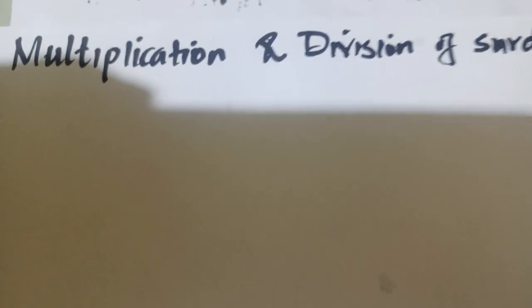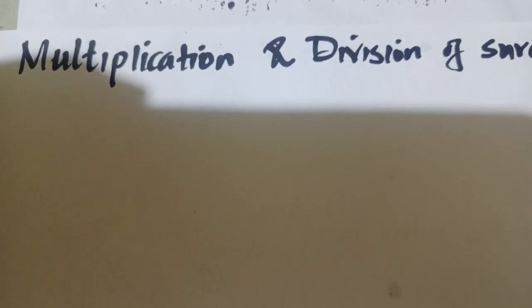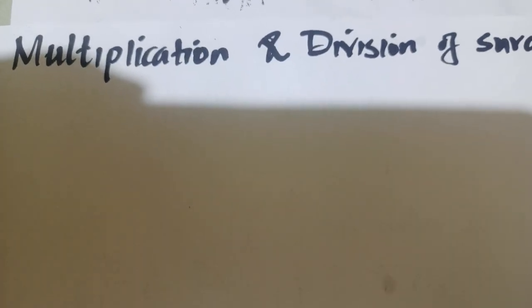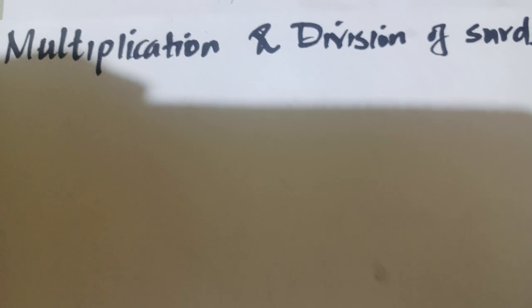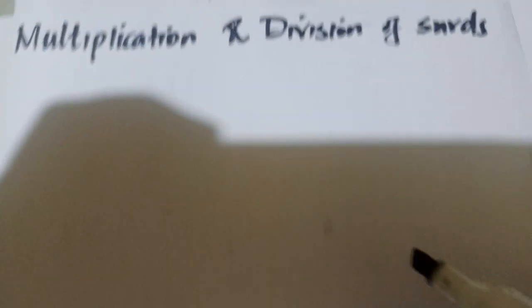If you've been following through in our previous lessons, we talked about addition and subtraction of surds. Of course, there are four operations in mathematics: addition, subtraction, multiplication, and division.